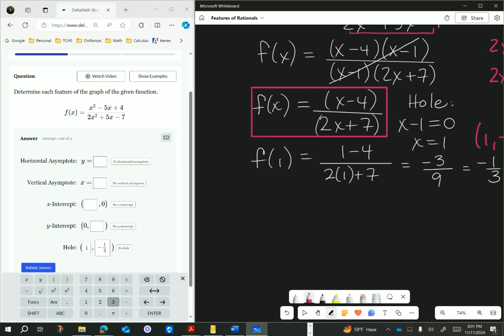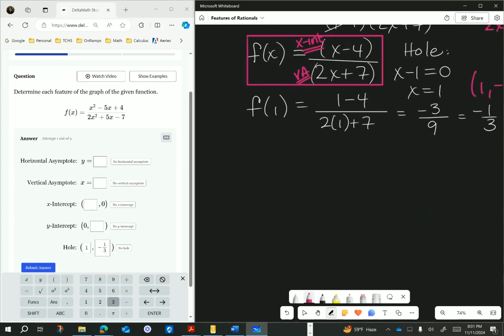And we know that vertical asymptotes are found by setting the denominator equal to 0, and x-intercepts are found by setting the numerator factors equal to 0. So let's start with what's first in our list here, x-intercepts. So x-intercepts say to take the numerator factor and set it equal to 0. I'm going to get a 4. So the x-intercept is 4, 0.